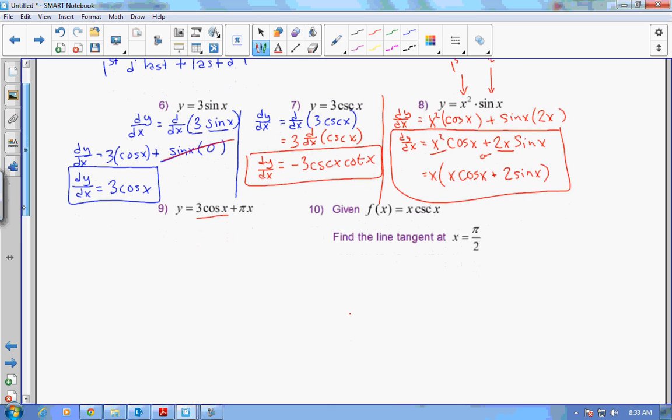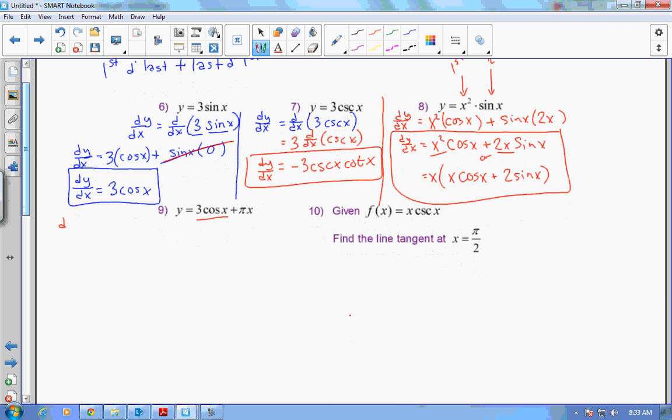So that would just be like the coefficient. dy/dx: I'm going to pull out the 3, and then I'm going to take the derivative of cosine x plus, does this guy have a constant? Can I pull out pi? Because the derivative of pi ends up being 0. So if that has a constant, you can pull it out and avoid the product rule.